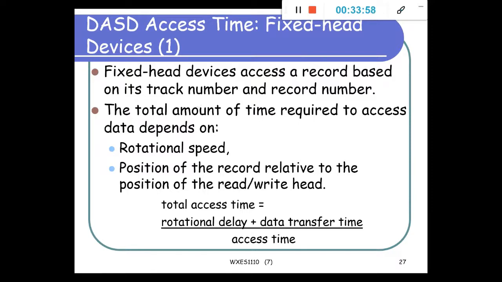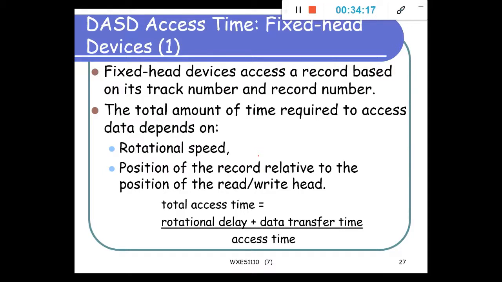So a fixed head device accesses a record based on its track number and record number. The total amount of time required to access data depends on rotational speed and the position of the record relative to the position of the read/write head.